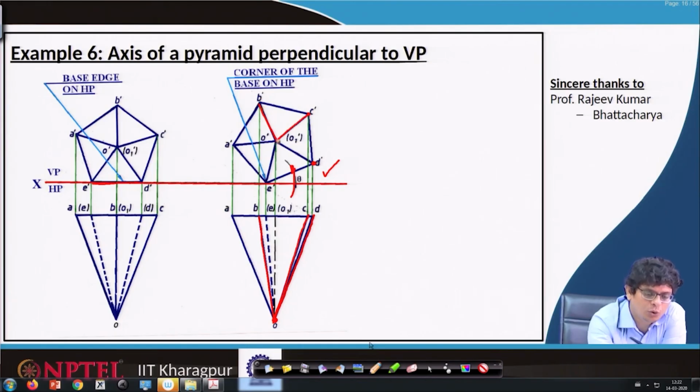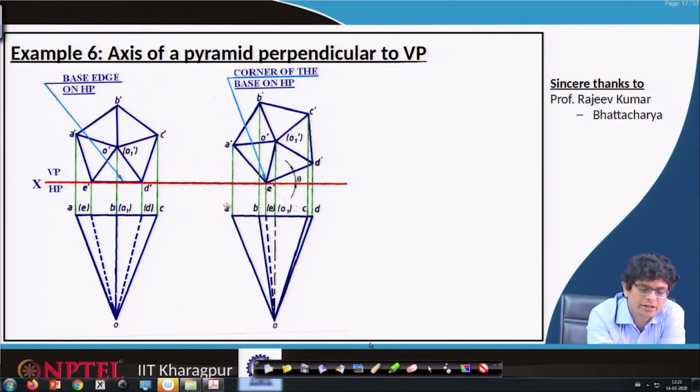Similarly, the B to O edge, we will see that, and A to O, we will be in a position to see from the top view. So, that one goes in that way, and all these things on the other side map to this point.